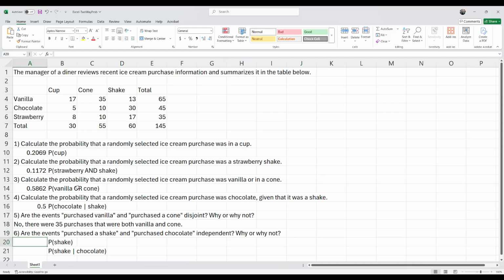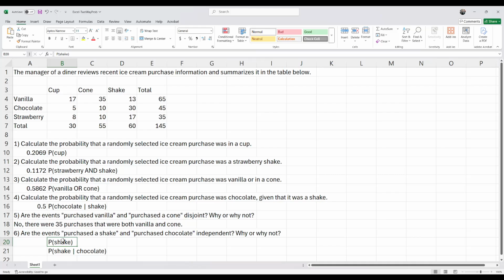For number 6, they're asking, are the events purchased a shake and purchased chocolate independent? Why or why not? Take a second to think about these two. I listed, and this is one way to think about this, the probability of purchasing a shake and the probability of purchasing a shake given that it was chocolate. There are many ways you can approach independence, but this is one of them.